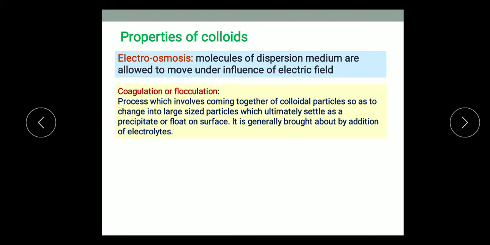So the process which involves coming together of colloidal particles so as to change into large size particles, which ultimately settle as a precipitate or float on the surface, is known as coagulation or flocculation. It is generally achieved by addition of an electrolyte, or there are many more ways.